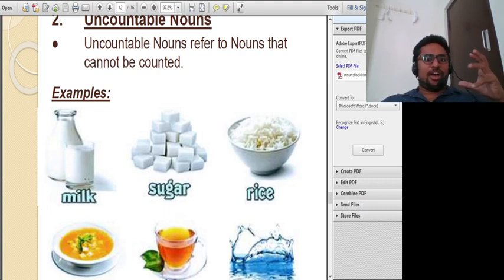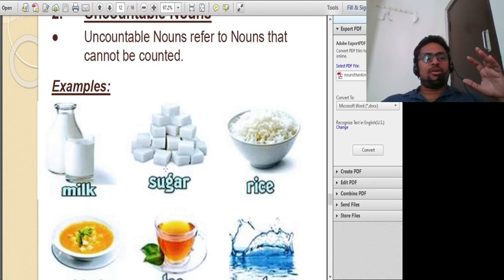We can count five packets of milk, six packets of milk, five liters of milk, but we cannot count milk itself.